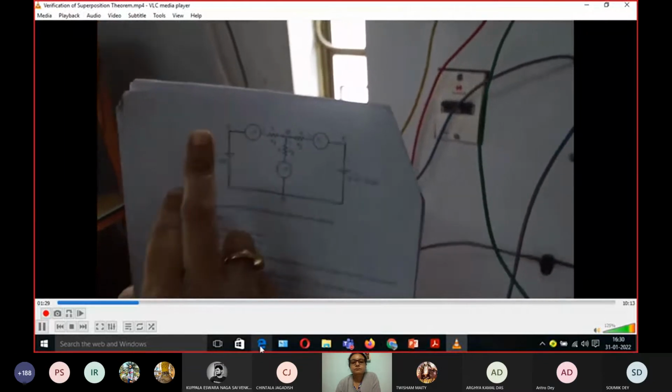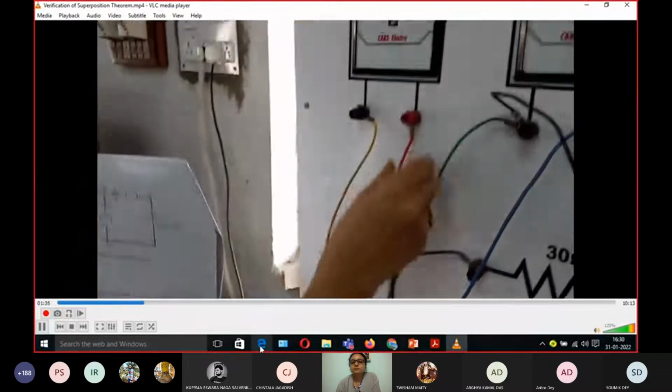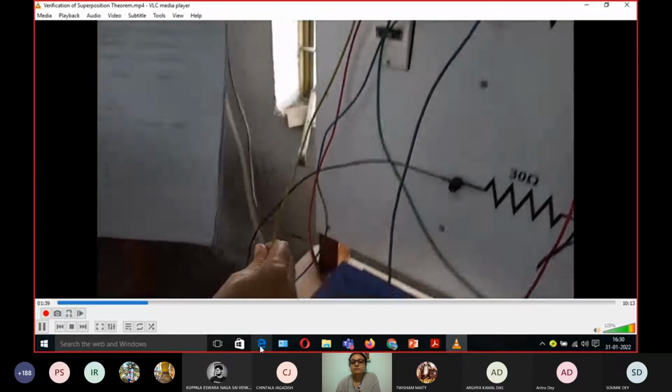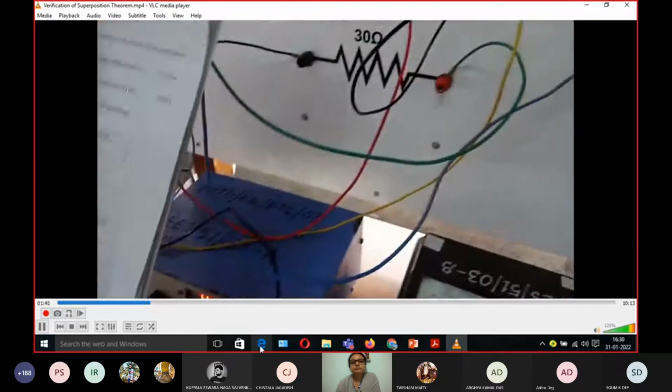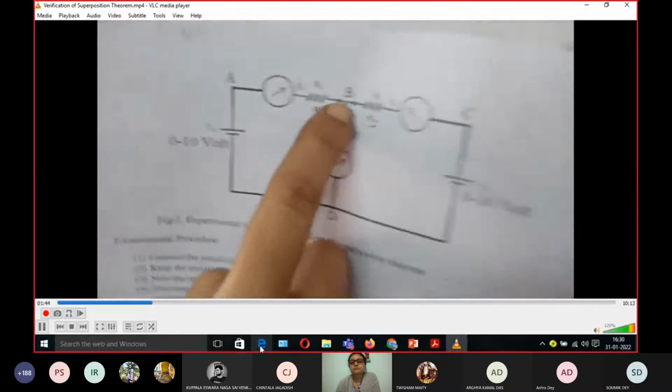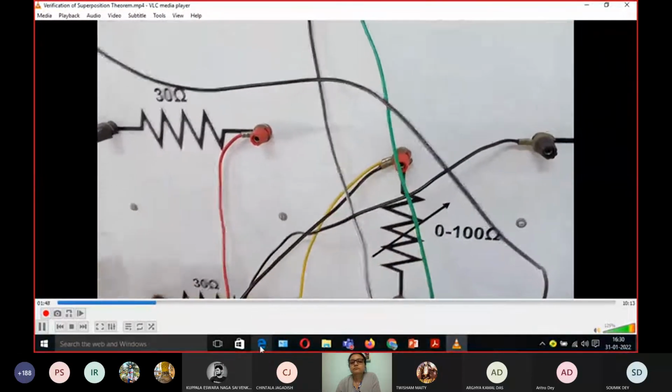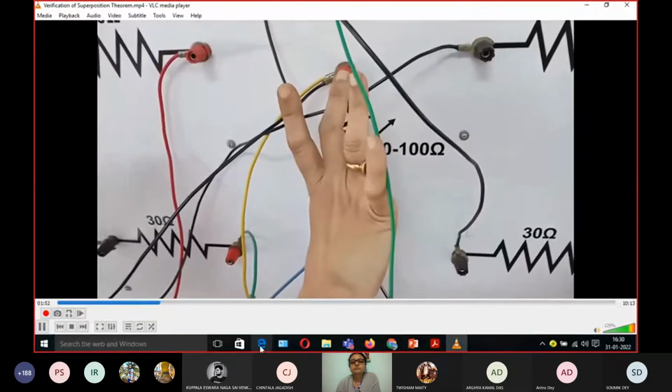First we are keeping the resistance, then the ammeter. From the other terminal of the ammeter, it is going to the next branch, that means this B point. Across this B and D point, this resistance is connected.